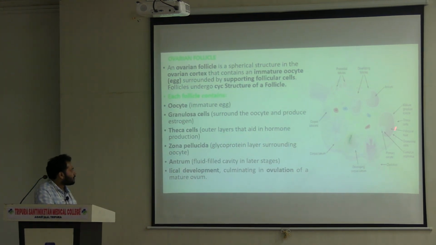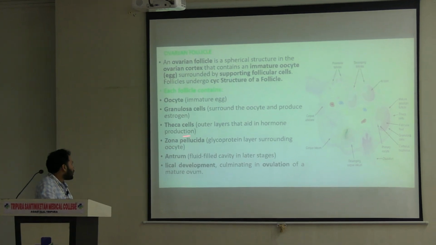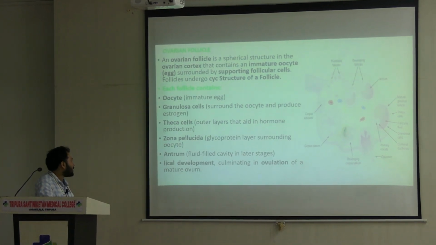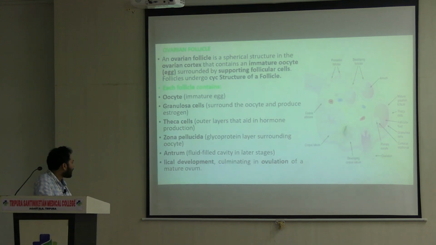Other than this, you can see from the structure, the outer layer is called theca cells, which aids in hormone production, along with the zona pellucida. It produces certain types of proteins, mainly glycoproteins, that are essential for the development of the oocyte.